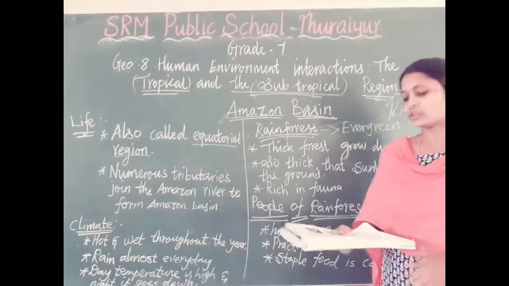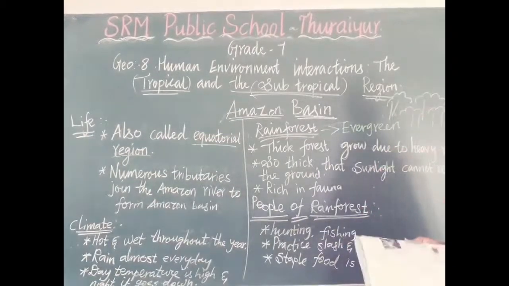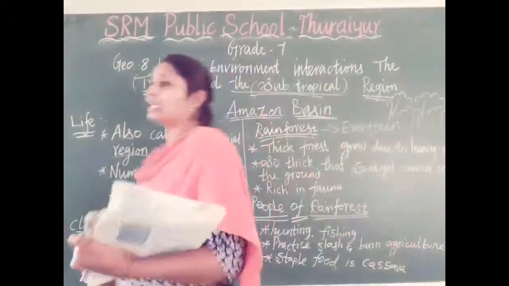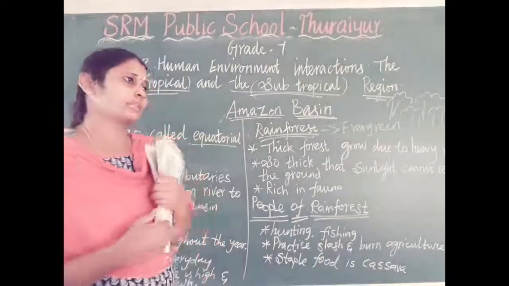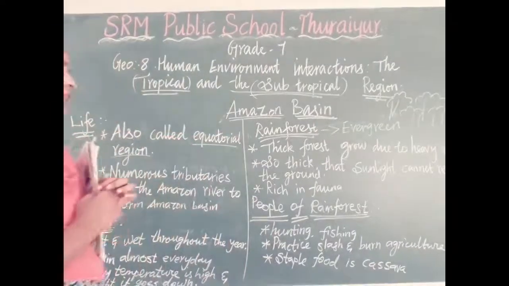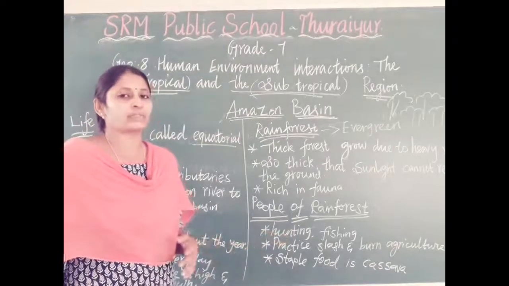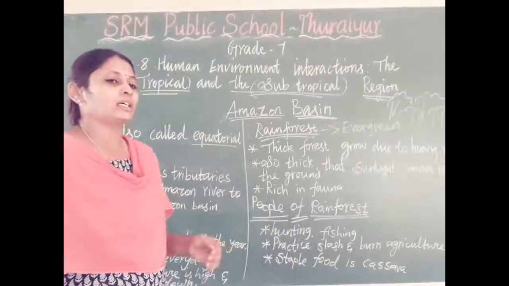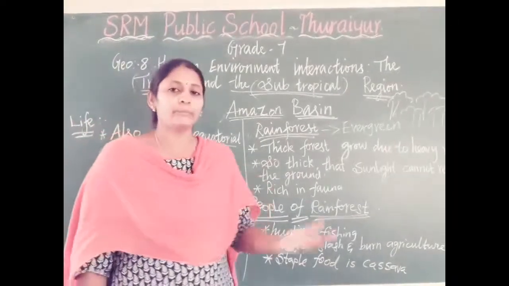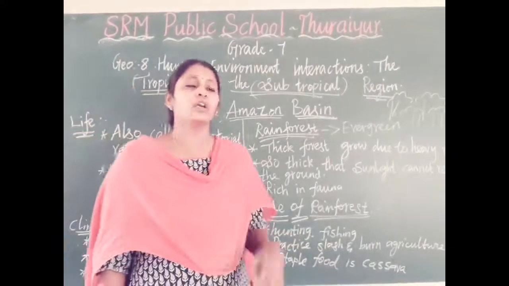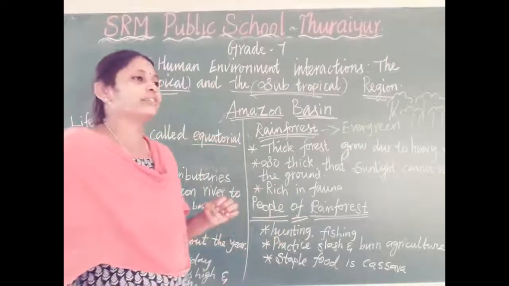Now, the people of the rainforest. What are their occupations? How do people live in the Amazon basin? Initially, the people were involved in hunting and fishing. Mainly the male of the family goes hunting and gathering, or hunting and fishing in the forest.